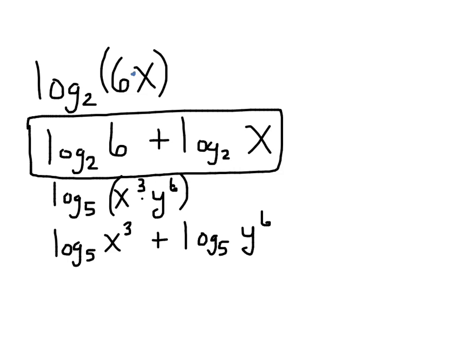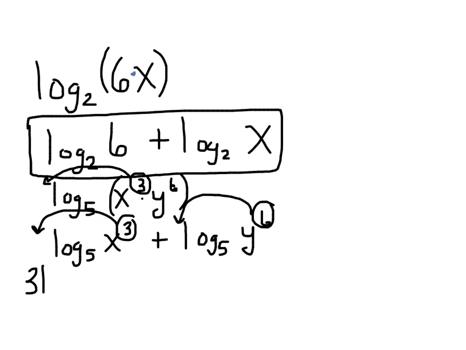Then what I do is I get rid of my multiplication and division first. Then I move my exponents to the front. I don't want to move the 3 to the front yet because not both of them are 3. One's a 3, one's a 6. So I'm not going to move the exponents until I get all the way done. That's going to move to the front, and that's going to move to the front.